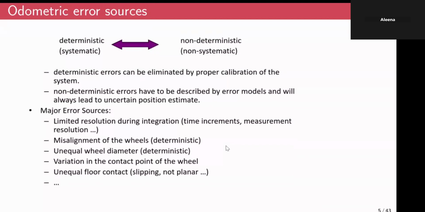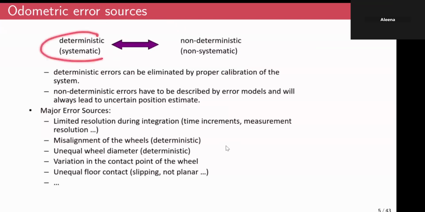Then we have something called odometric error sources. Like I was mentioning, we cannot fully rely on odometry because odometry comes with a lot of uncertainties, and the factors that are contributing to these uncertainties are these error sources, right? Based on these error sources, you can classify them into two categories.